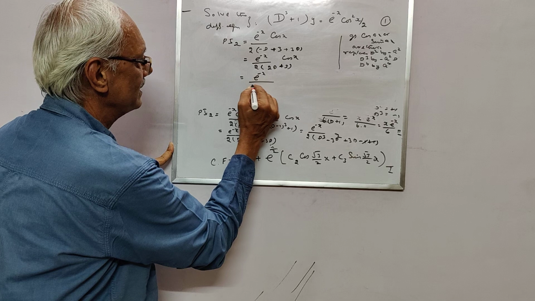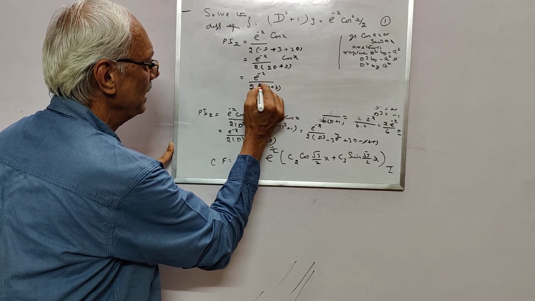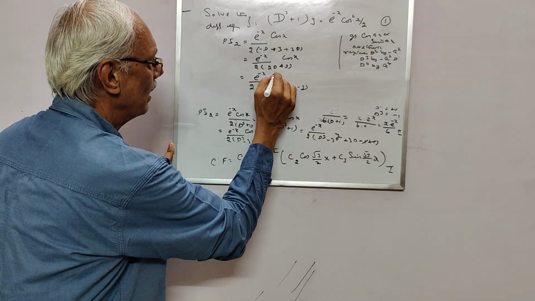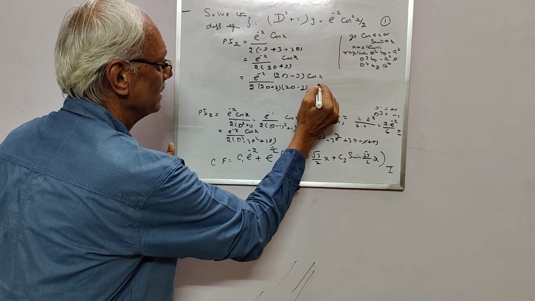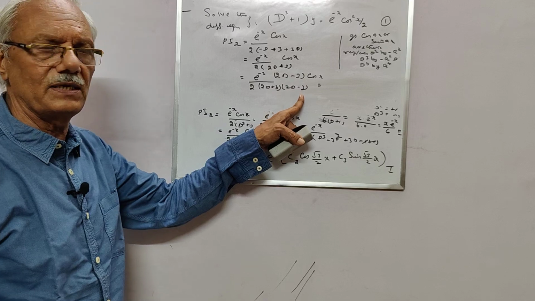e to the power of minus x into 2 into 2D plus 3, into 2D minus 3, you multiply this by 2D minus 3 into cos x. So the value is not altered.